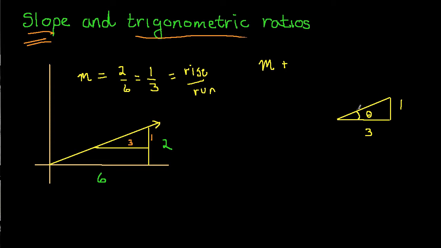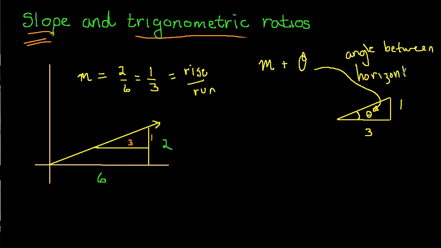So when we say that an angle measures the steepness, we're talking about this angle right here, the angle between the horizontal, here's the horizontal line, and the hypotenuse.